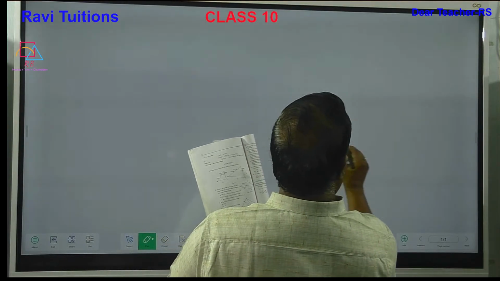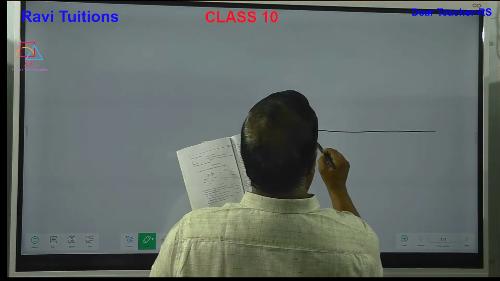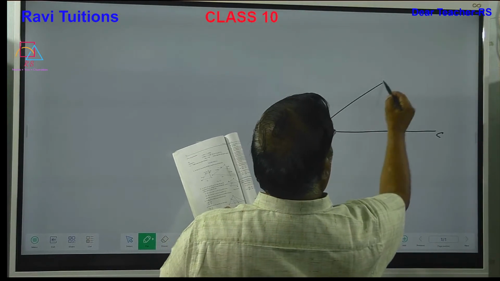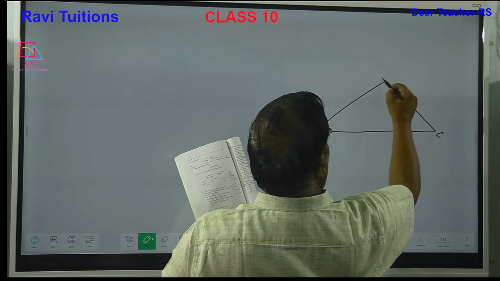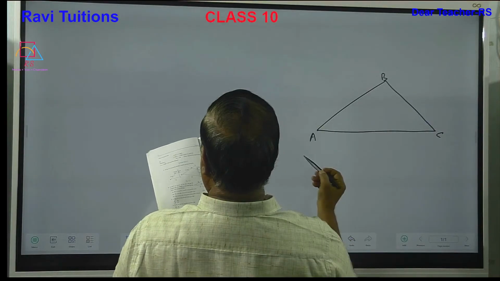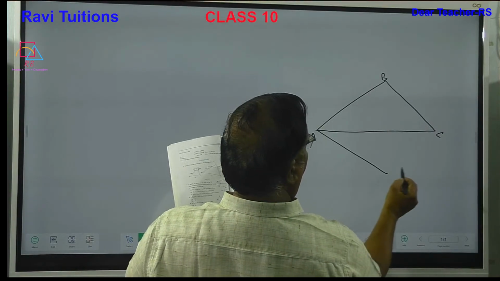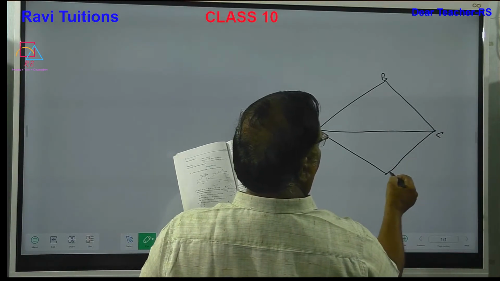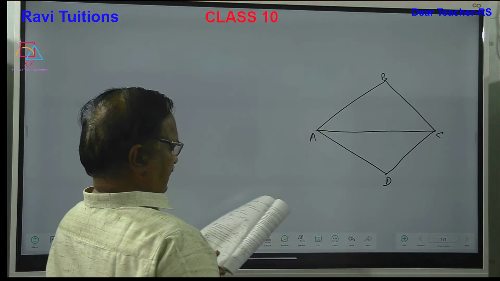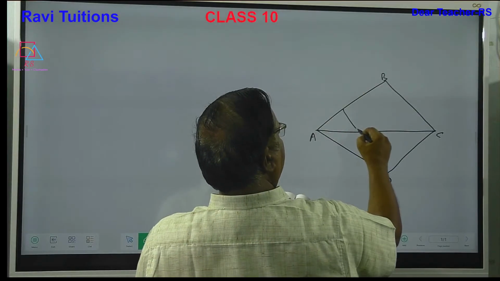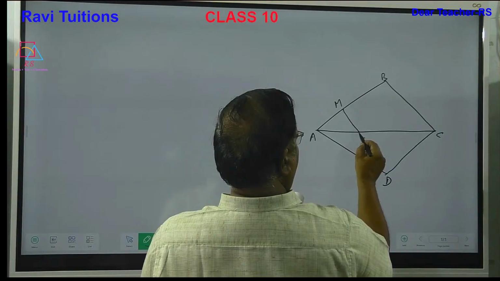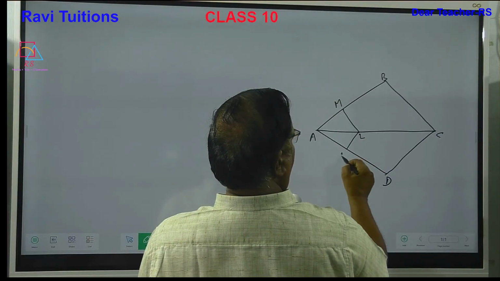AC is the base, ABC is a triangle above, ADC is a triangle below AC. This is M, L, and this is L, N.